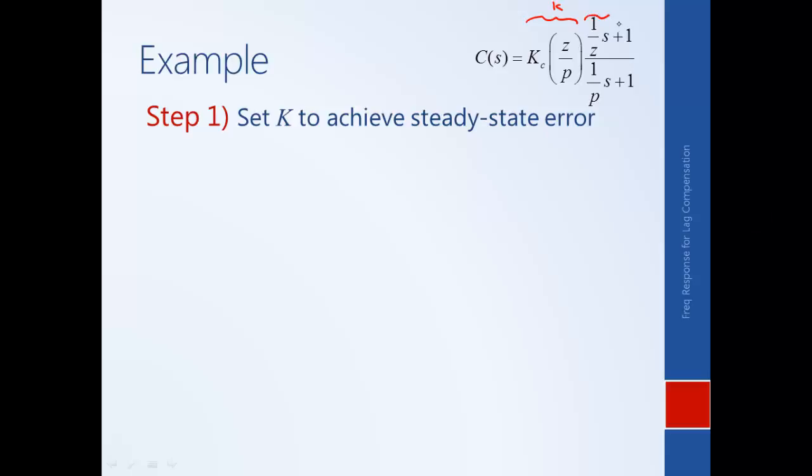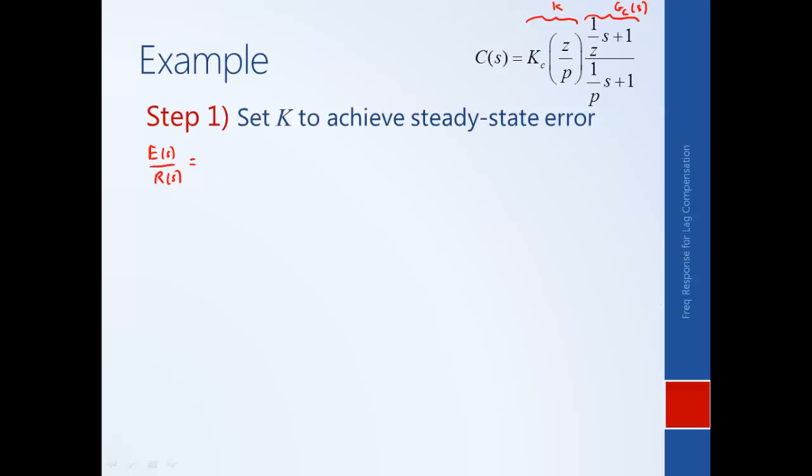I'm going to go ahead and give the remaining portion of the transfer function a name, Gc. And so the way that we're going to set K is to use the final value theorem. Before we can do that, we need an expression for E(s). We can do that by first finding the transfer function from the reference to the error.